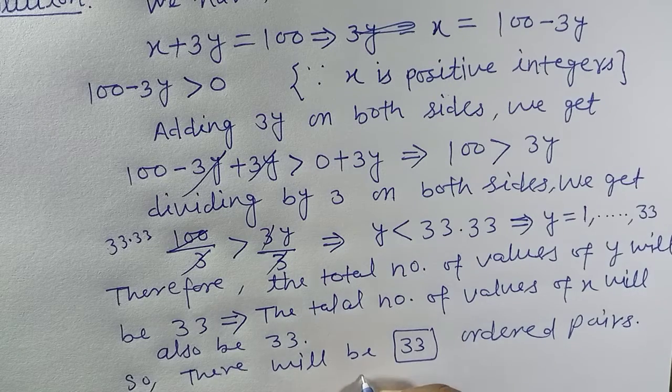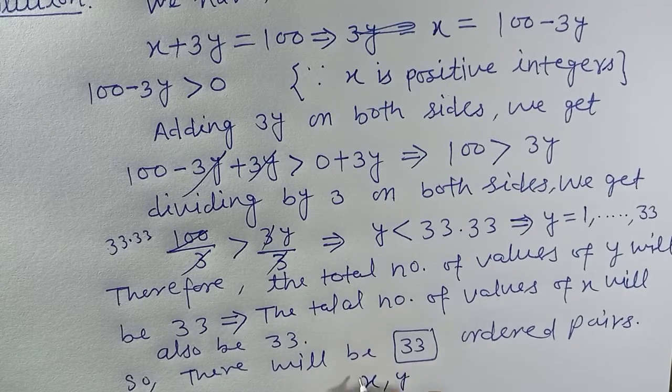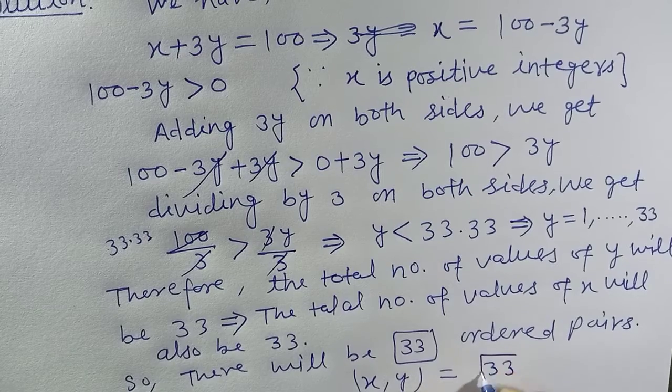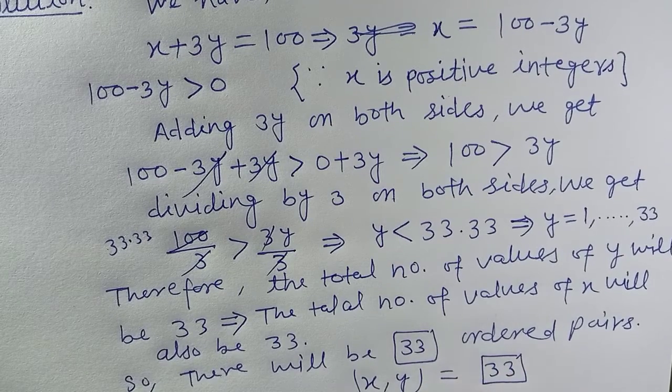So the number of pairs (x, y) will be equal to 33. That is our required answer.